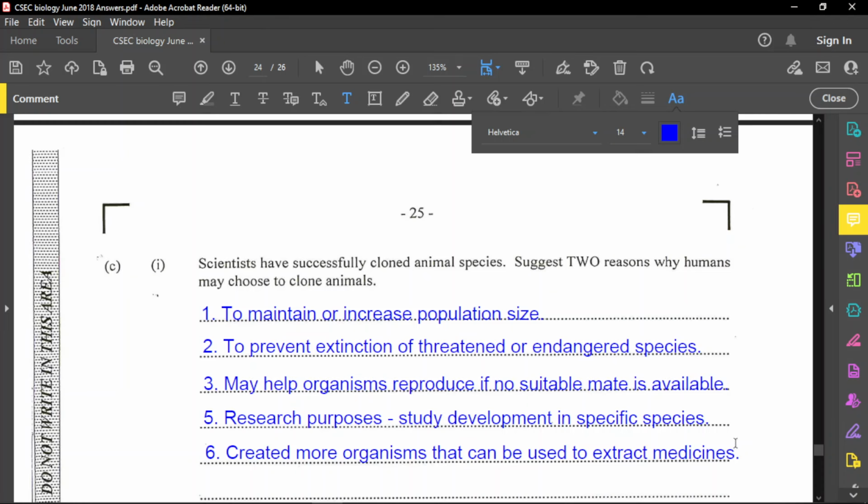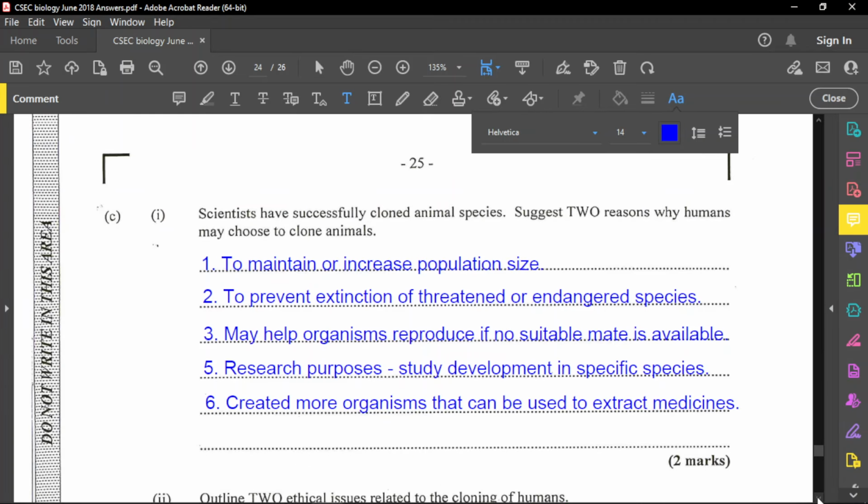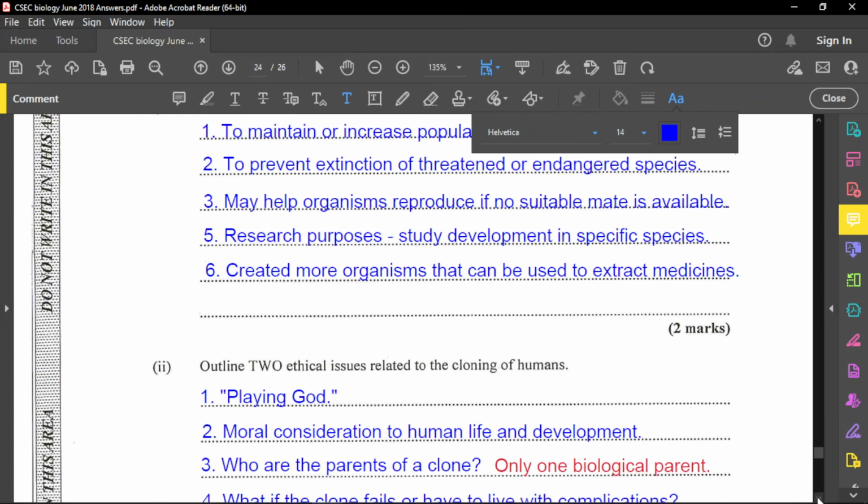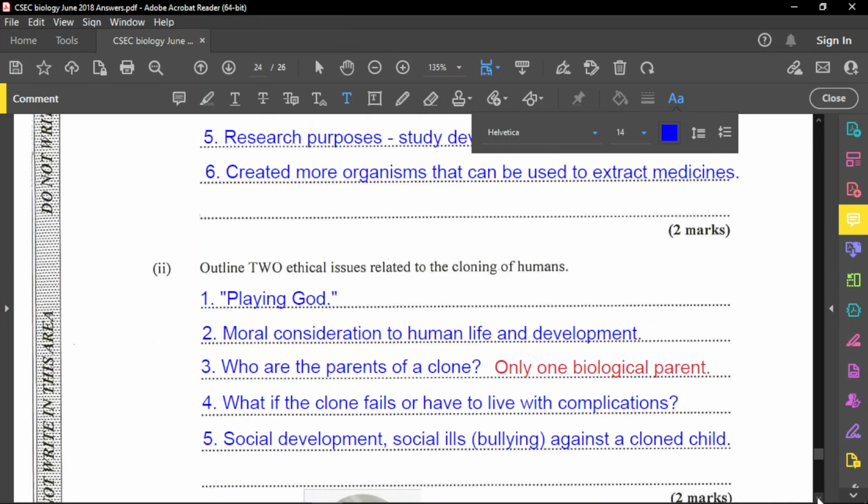If they're cloning the organism, they get it from the very tissue, and so they can see how the tissue starts to form different layers and so on and becomes the organism. And six is to create more organisms that can be used to extract medicines. If a particular animal is used to extract medicine, they can clone a lot of them in a short period of time and use them to produce medicines. So that will be for profit, right?